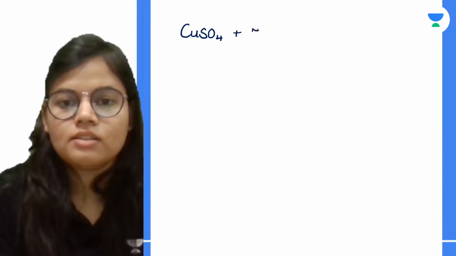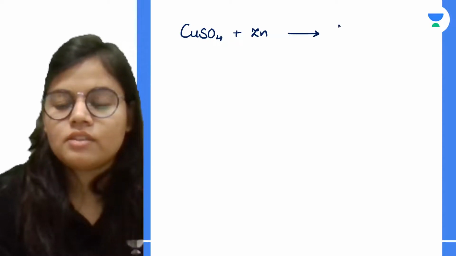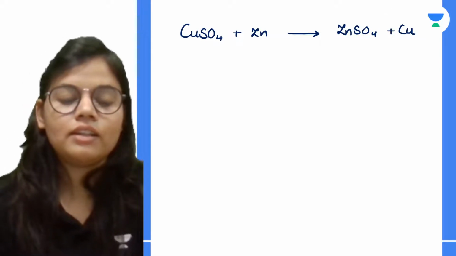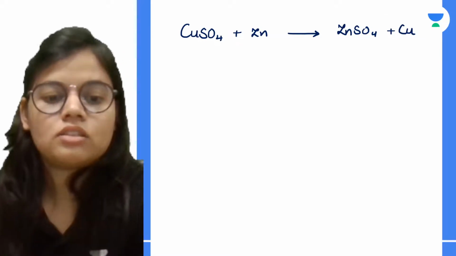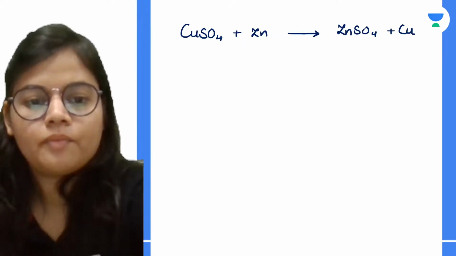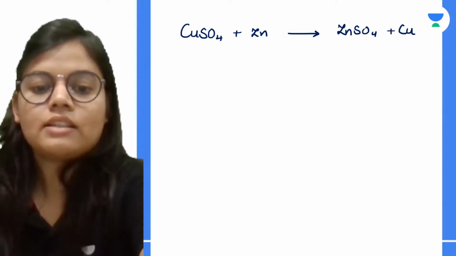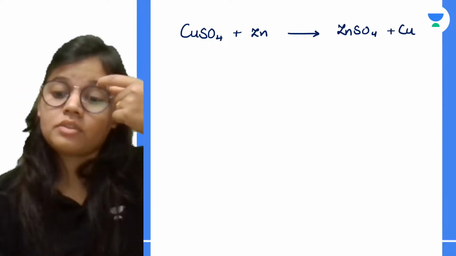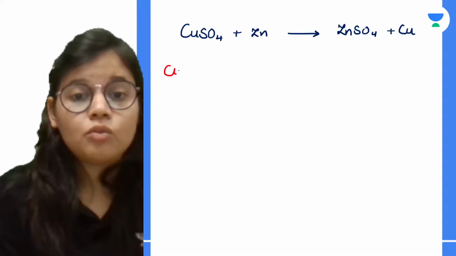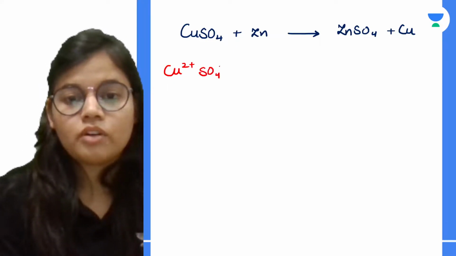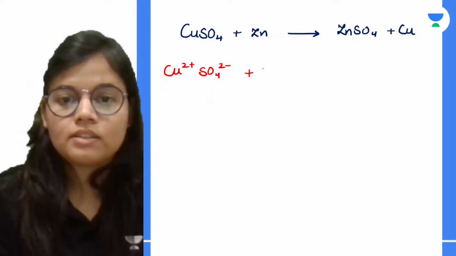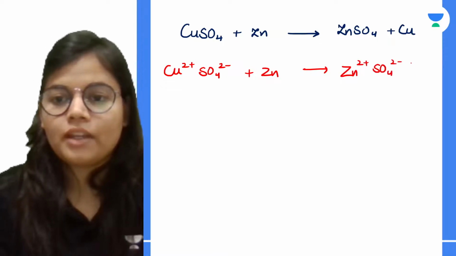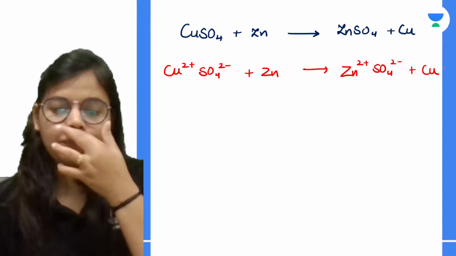CuSO4 plus Zn gives ZnSO4 plus Cu. Now if I write these reactions in the electronic concept or the ionic form, we can write Cu2+ SO4 2- plus Zn gives Zn2+ SO4 2- plus Cu. Correct.